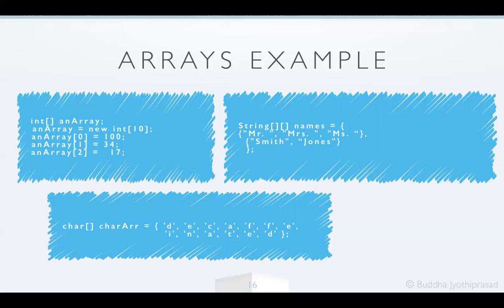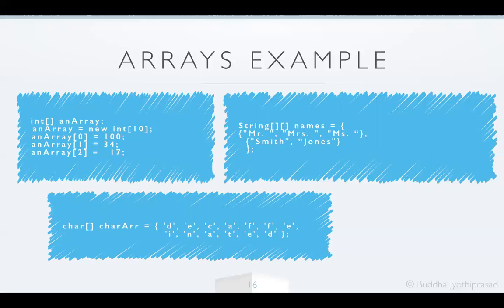Now, if you see the first example, where I gave int and square brackets, which is the indication that I'm creating an array of integers. The variable name is an array. So it just created an integer array without giving any size. Now, read the second line.